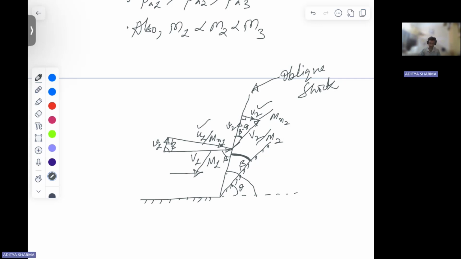Okay, and then its normal components are there. Mn1 is the normal component. Then there is tangential component also. Velocity component is V1. Right? And then downstream, if you see, the tangential component is V2 and your normal component is Vn2. Okay? And the corresponding Mach is Mn2. So I hope you remember this figure.